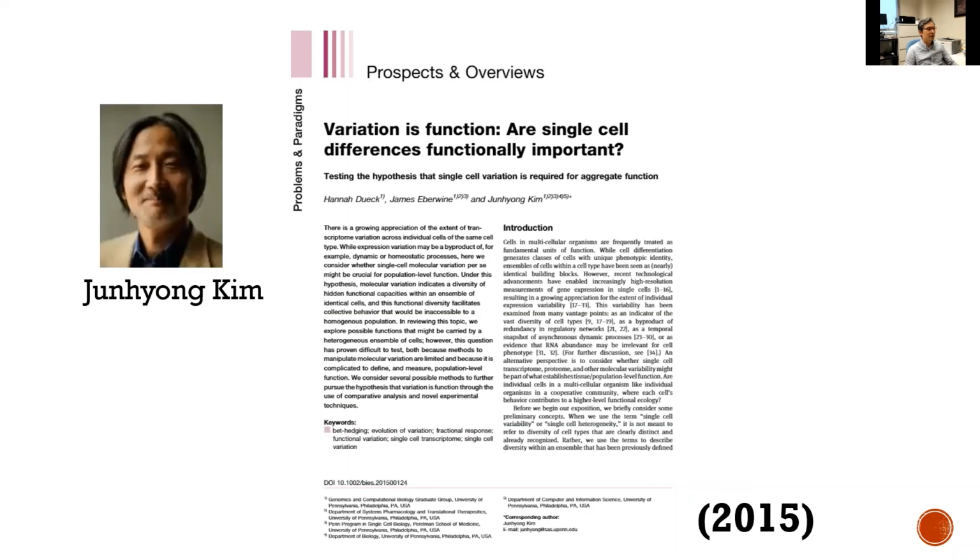Kim Jung-yoon, a professor from Pennsylvania University, in 2015 proposed the idea that this variability or variation is important for cell function. He called it "variation is a function" and asked a hypothetical question: are single cell differences functionally important?